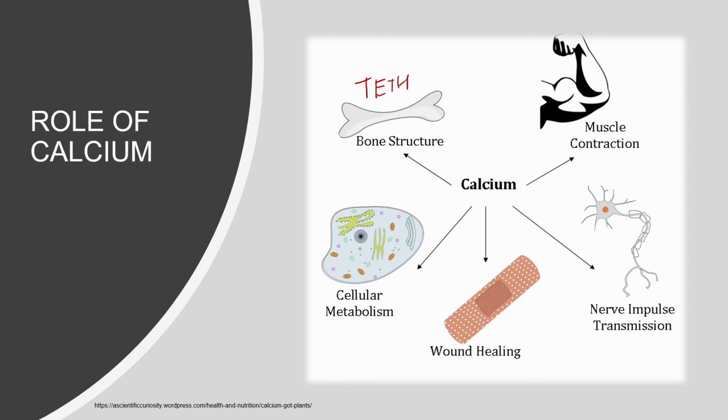Why is it dangerous for us to have high levels of calcium ions freely in our cells? Because calcium is also responsible for activating different enzymes, hormones, and other molecules within the cell.